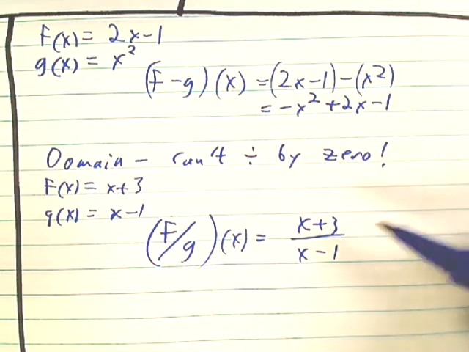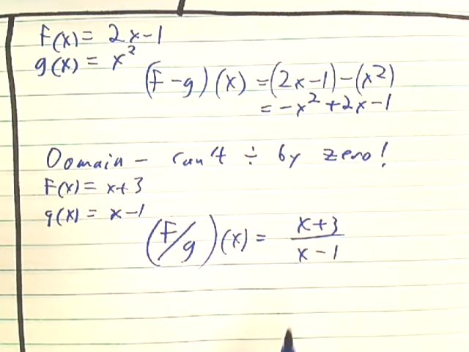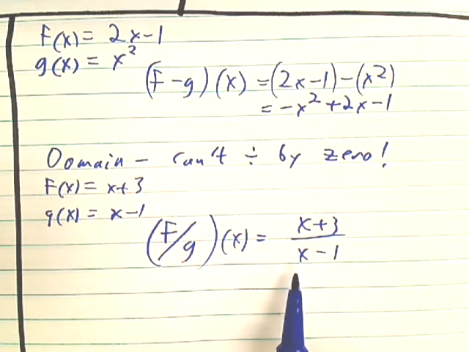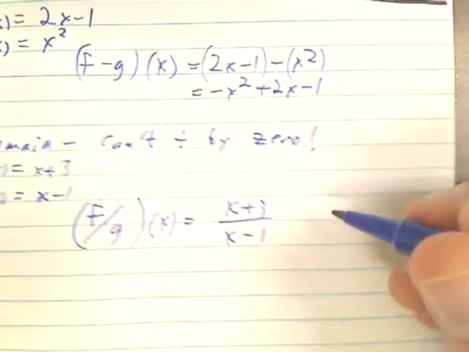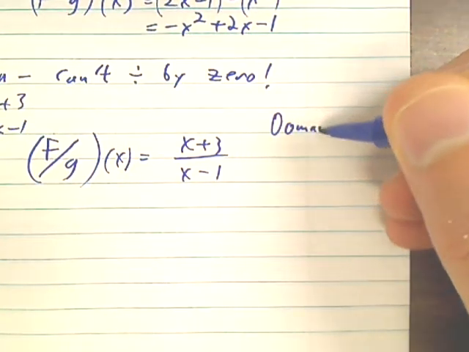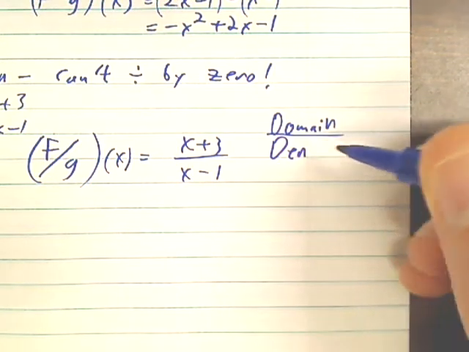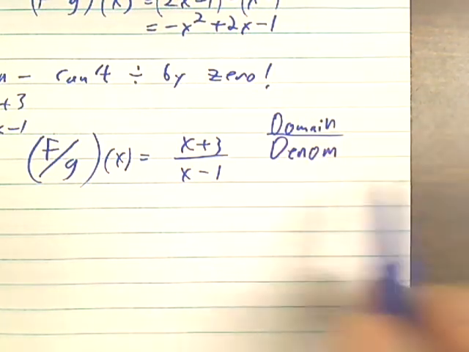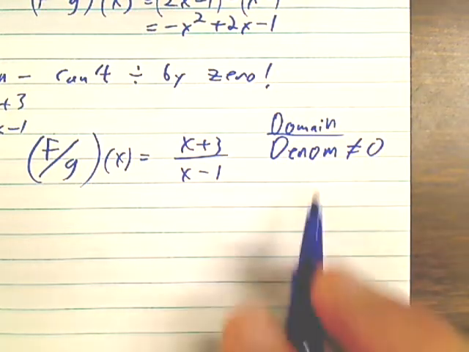But oftentimes it'll ask, what is the domain of your new function f over g? The domain is going to be all numbers except for when I divide by 0. I can't divide by 0. So for the domain, in general, the denominator can't be 0, because I can't divide by 0.